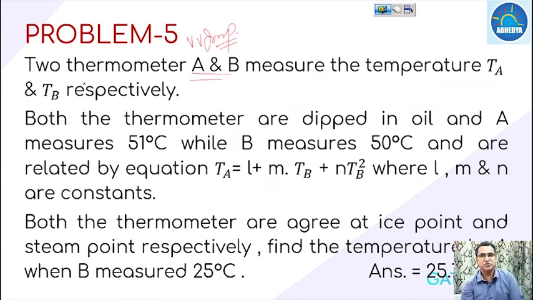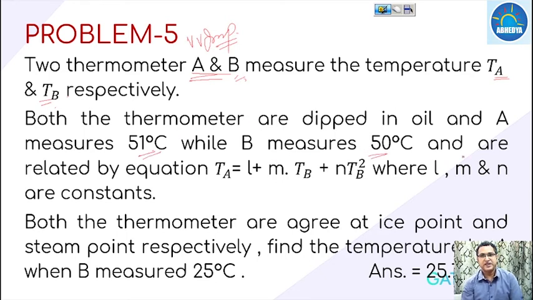Let us assume thermometer A and B. We have been given two thermometers which measure the temperature correspondingly TA and TB respectively. Both the thermometers are dipped in oil, and A, the first thermometer, reads 51 degrees centigrade while B measures 50 degrees centigrade.